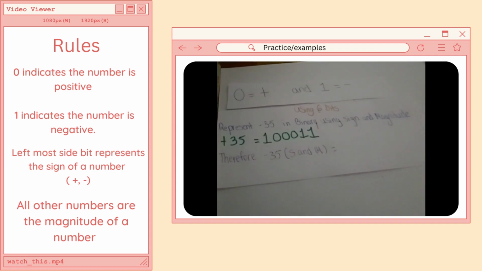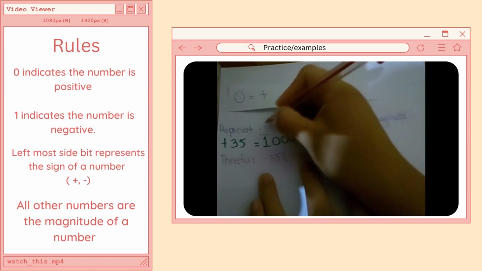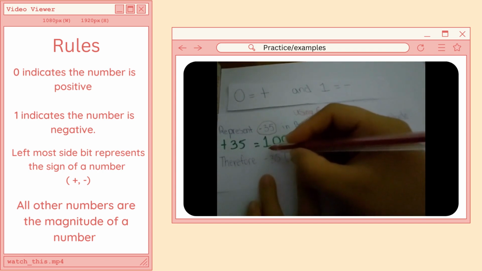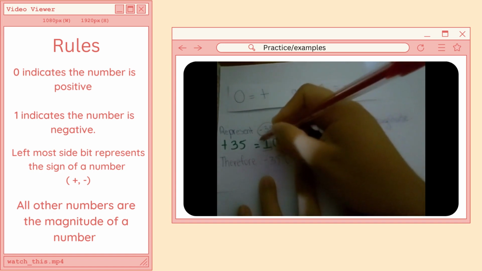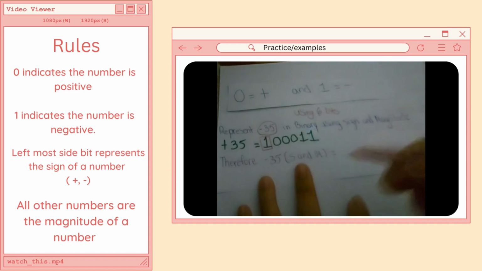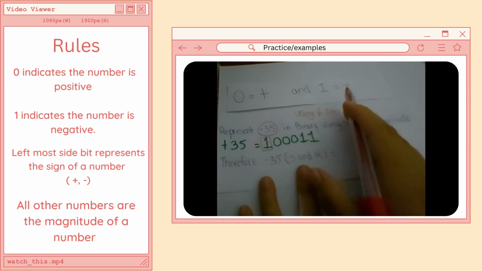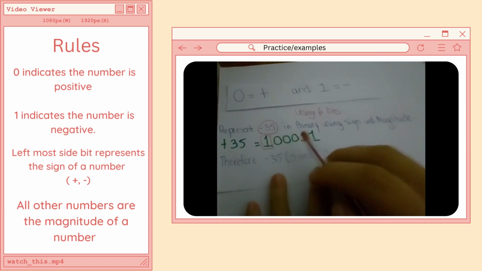In this example, we are now looking for a negative 35. So, looking at the leftmost side, we see that a 1 is the digit. Looking back at our rules, we see that a 1 represents a negative. Therefore, this binary number will stay the same.